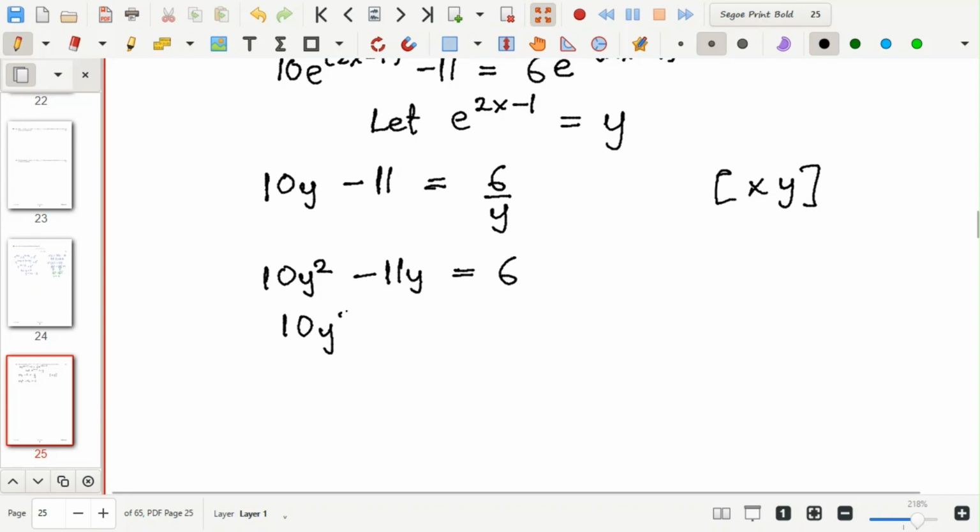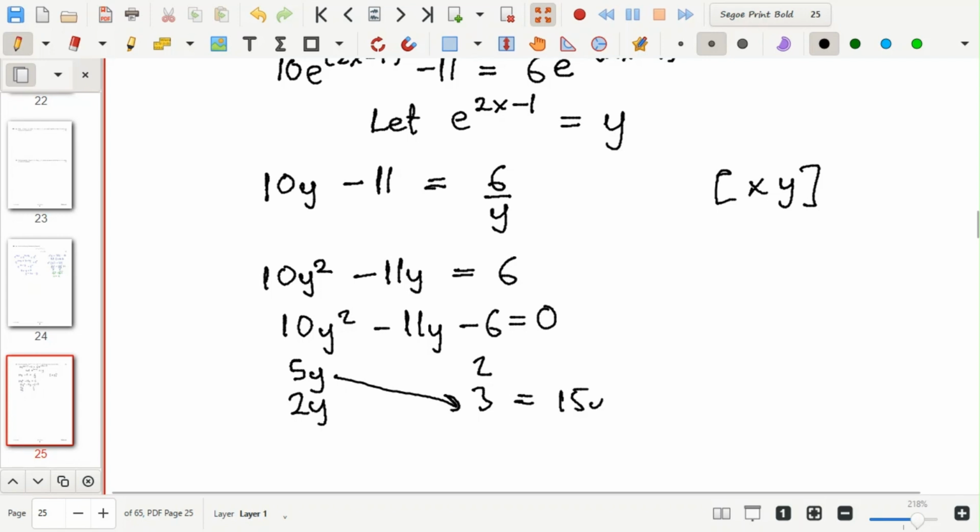So let me solve this. I'm going to get a quadratic. So now let's solve the quadratic and see what you get. 5 times y, 2. This time this will give you 10y squared. Now if I place 3 here, 2 times 3 is 6. Now let me cross multiply. This will give me 15y.